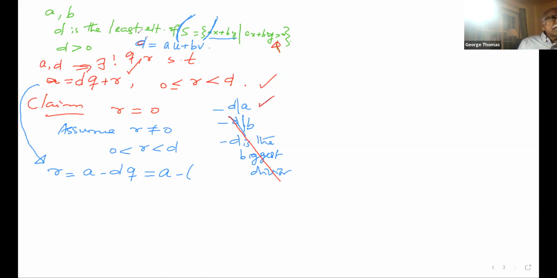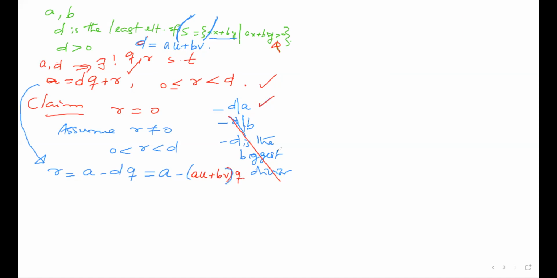If D is this number, A minus BQ will be AU plus BV times Q. Do you agree? Okay. I'm using colors for you.